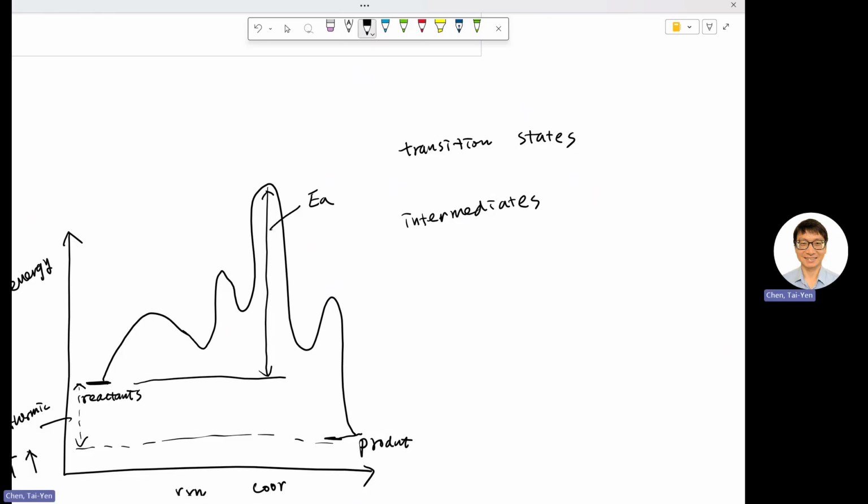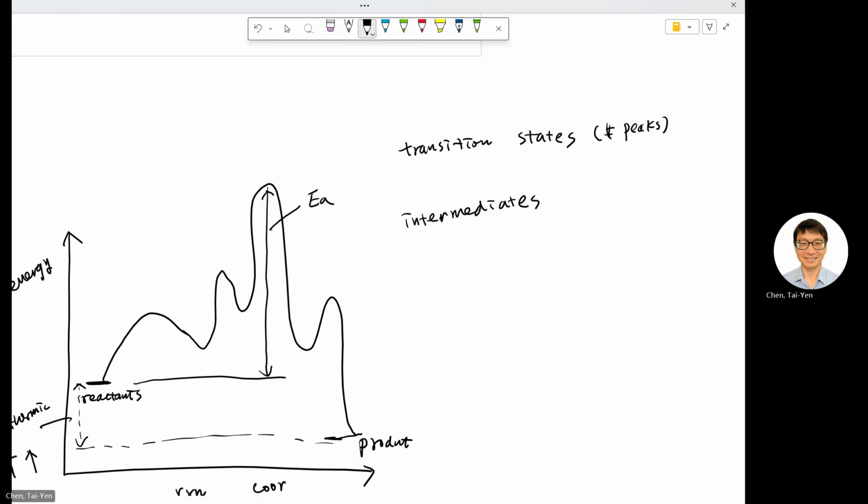Okay, so how many transition states do you have? 4, right? How do you know it's 4? You have 4 peaks, right? So the number of transition states is asking you for the number of peaks. Make sure you know how to count. So you need to translate transition states to peaks.